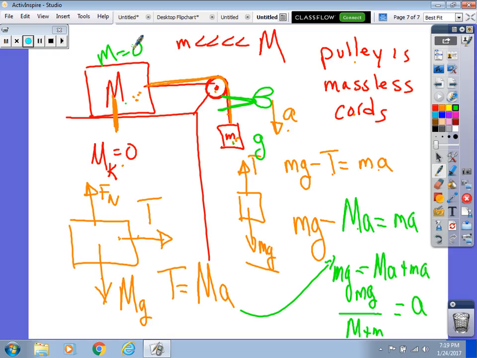Let's go the other way. What if this mass is really, really, really big? I mean, really, really big. That makes this denominator really huge, which makes this number really small, which makes the acceleration very small. I think that makes sense to you, right? This tension is whatever it can be.